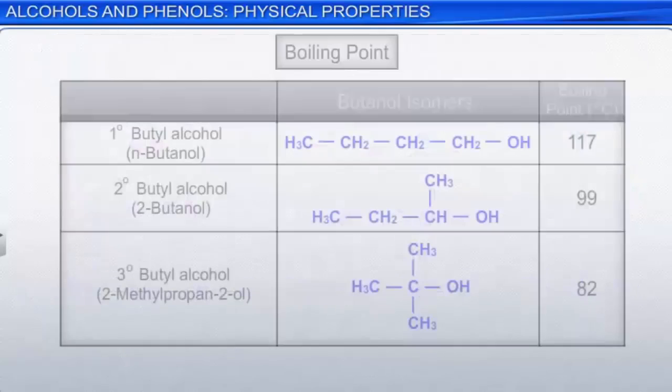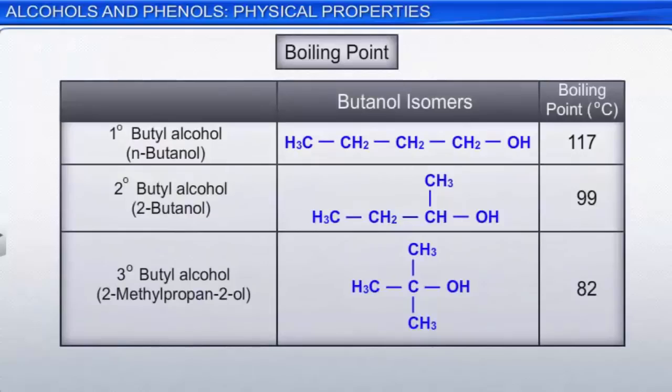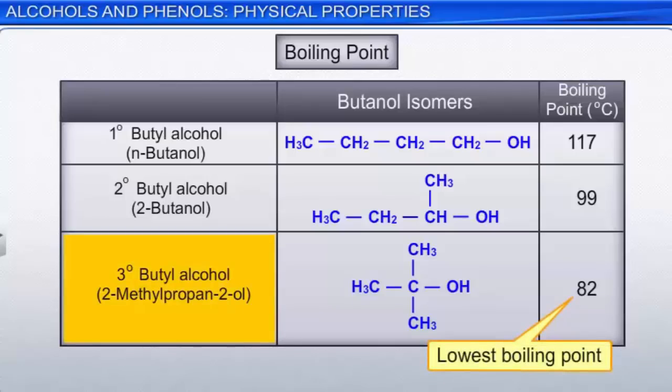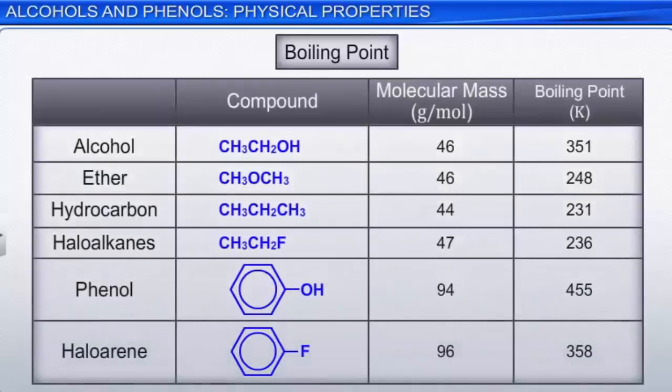Therefore, among the isomers of butanol, tertiary butyl alcohol, 2-methylpropan-2-ol, has the lowest boiling point, as shown in the table. Alcohols and phenols have boiling points higher than other classes of organic molecules, such as hydrocarbons, ethers, haloalkanes, and haloarenes, with similar molecular masses.